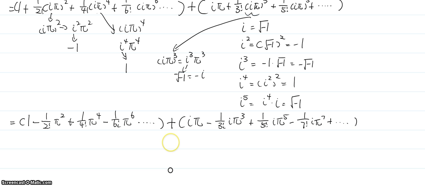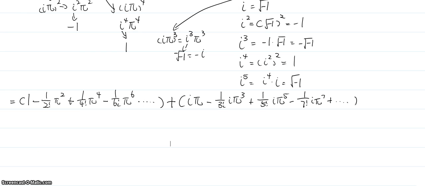Does anybody recognize this? The first group looks a lot like cosine of x, and the second group looks a lot like sine of x.